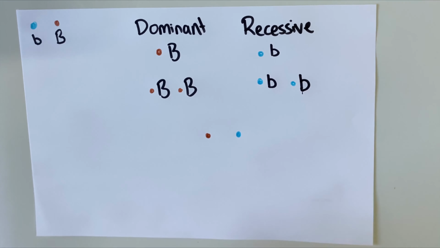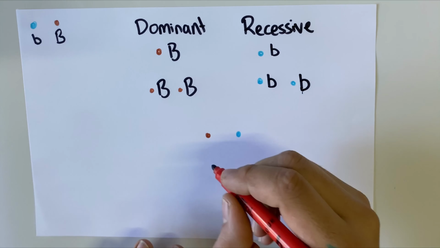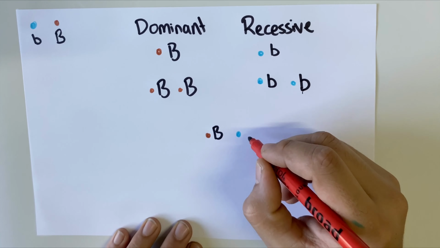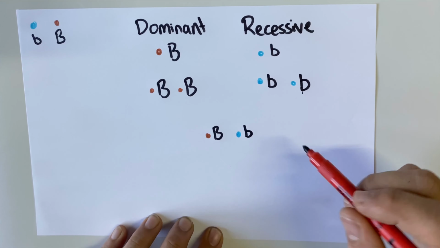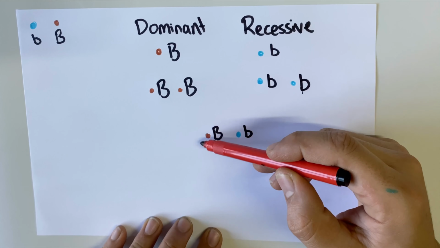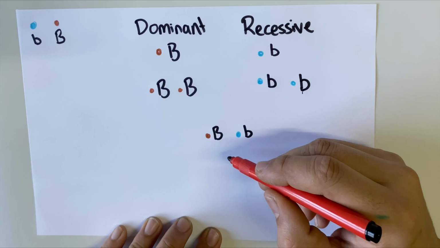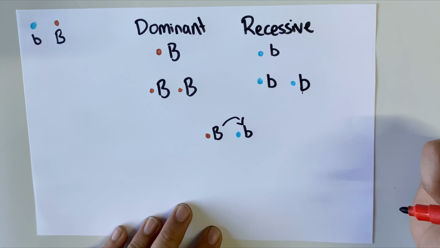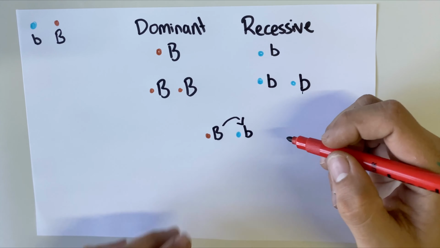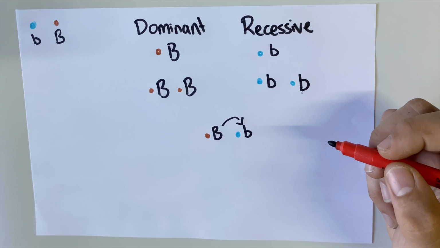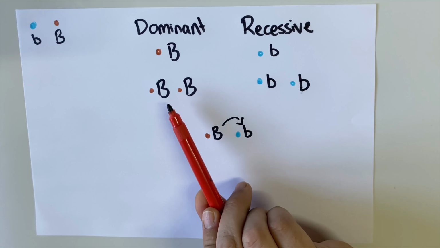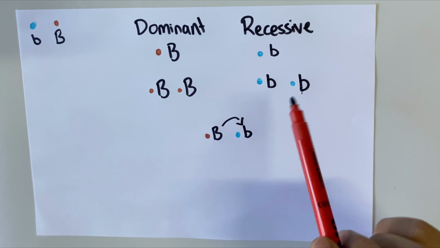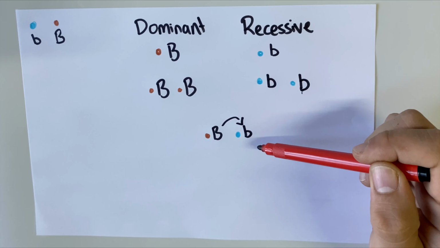So when they're together, present in the same organism, we have a capital B and a little b in this case, and because the brown eye in this case is dominant, it will actually overpower the recessive gene. So when we're talking about genotype, here we have big B, little b, big B, little b.